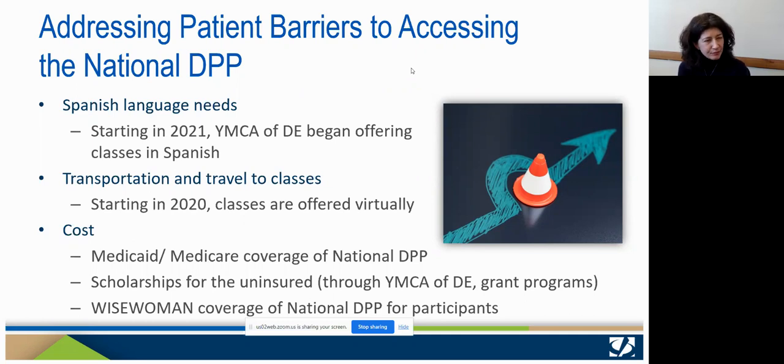In addition, starting in 2020, like many things with the pandemic, the national DPP classes went virtual. And one of the things we learned through that process, maybe a surprise, maybe not so much, was that by offering virtual classes, all of a sudden the program was open to patients who previously weren't able to access it, whether that was because of transportation challenges or because it was challenging for them to travel, to take that time away from their families, to go to the class and then come back.